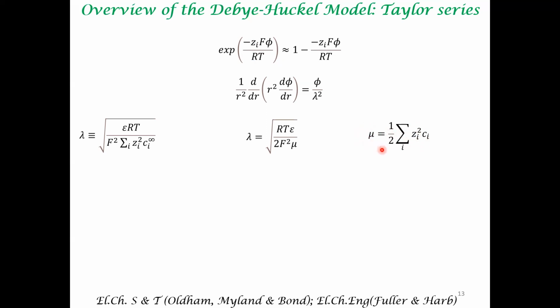The larger the ionic strength, the more ions there are in the solution. So when lambda is larger, ionic strength is smaller. That means I have a lesser concentration of ions in the solution. That's when the Debye length is larger.